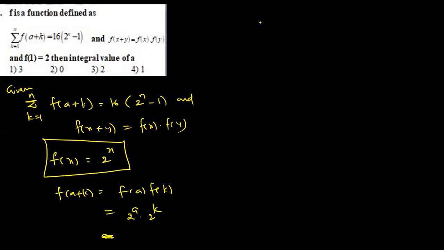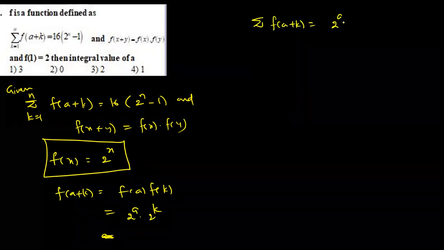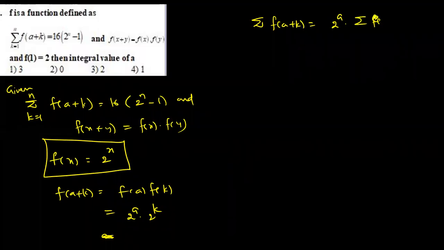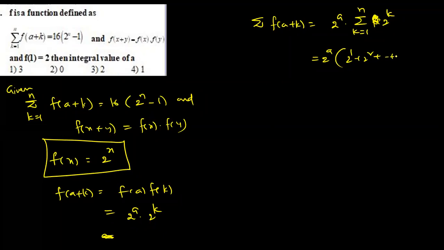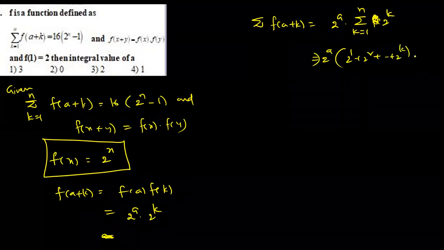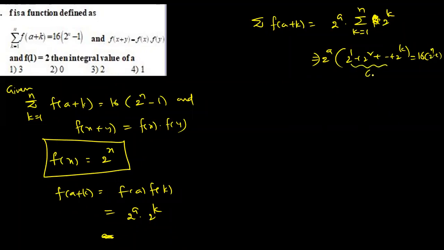So a is how much? Sigma f of a plus k is equal to 2 power a into 2 power k running from 1 to n. 2 power a into sigma 2 power k means what? 2 power 1, 2 square, and so on, 2 power n. These are in GP.